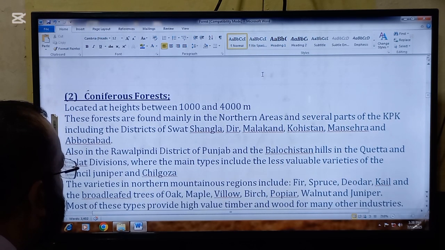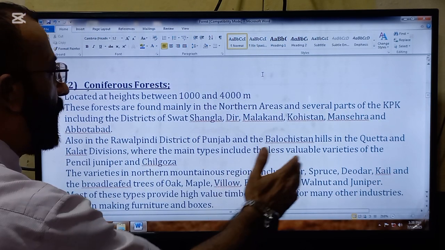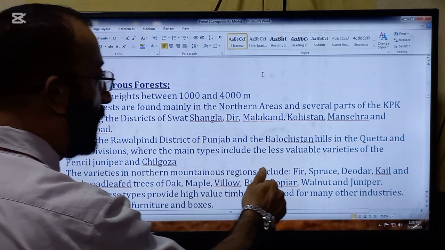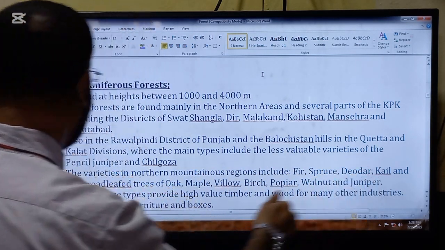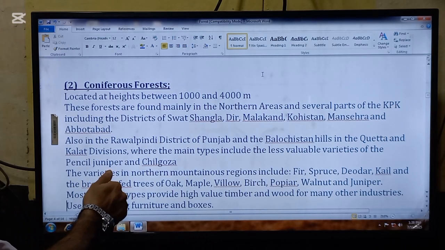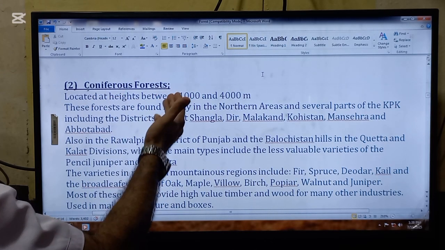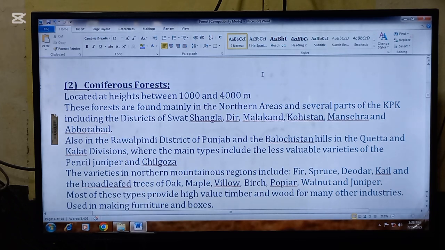Also in the Rawalpindi district of Punjab and Balochistan Hills in the Quetta and Kalat division, where the main types include the less valuable varieties of the pencil juniper and chilgoza. So these are the trees available in coniferous forest.